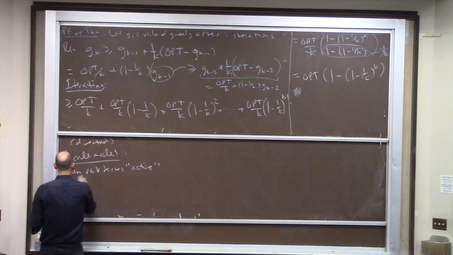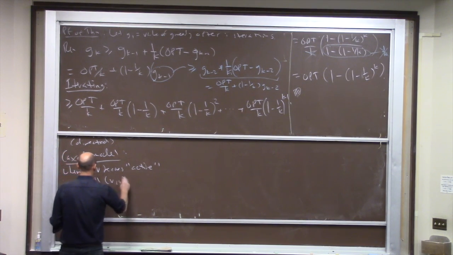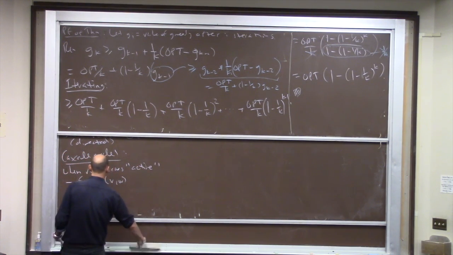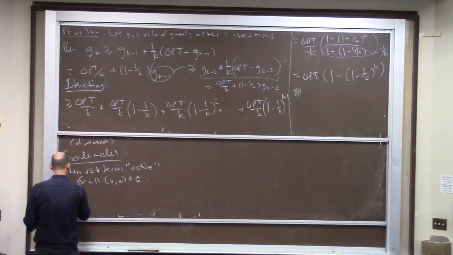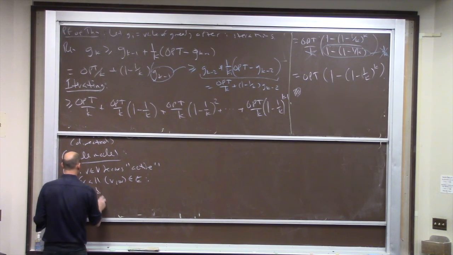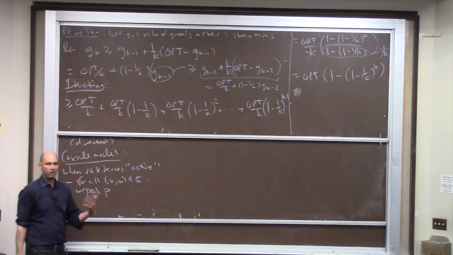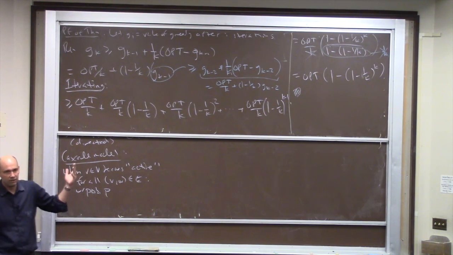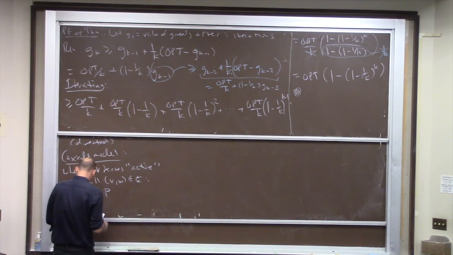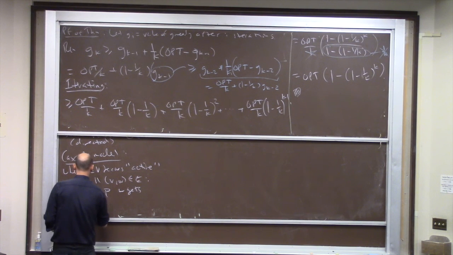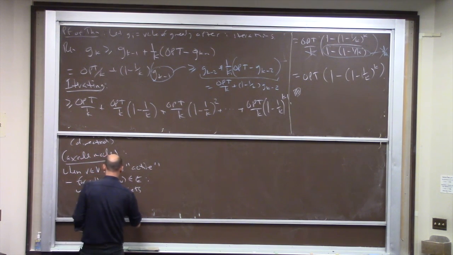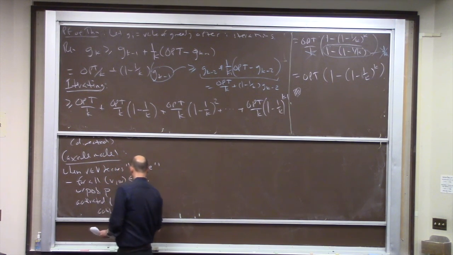So for all outgoing edges, with probability P, where P is just some parameter of the model, think of it as like 0.2, for example, W gets activated, if it's not already active.